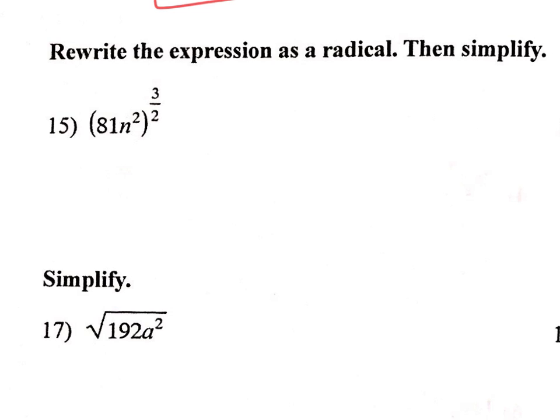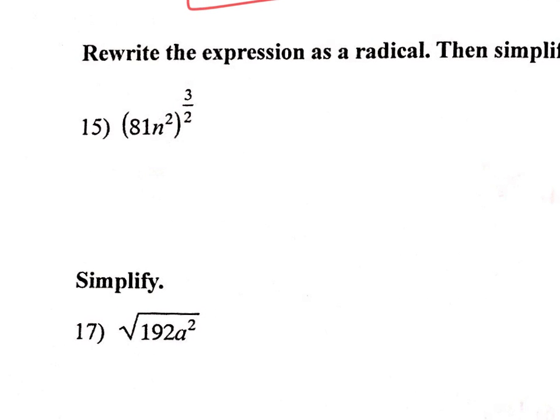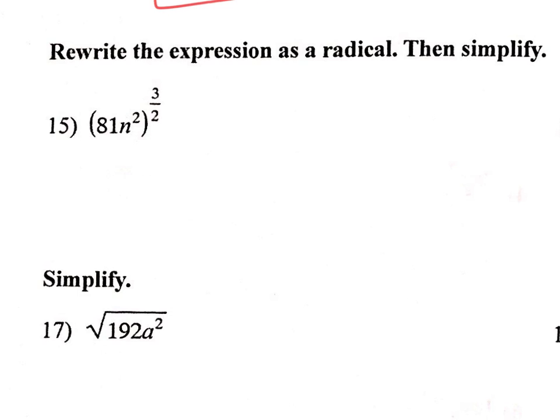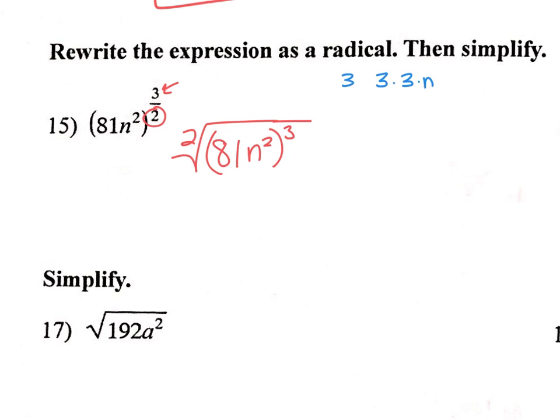Question 15 says, rewrite the expression as a radical and then simplify. So if I rewrite as a radical, that means I'm going to do square root of 81 n squared, to the power of 3. Now I will say, if it were me, I would do the square root first to simplify that. So break down 81. If I break down 81 n squared, I get 3 times 3 times 3 times 3 times n times n.